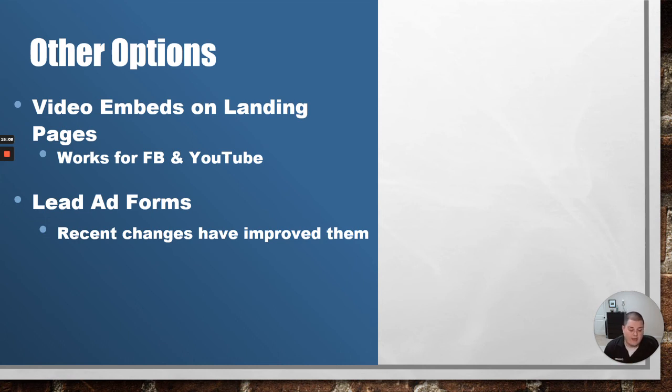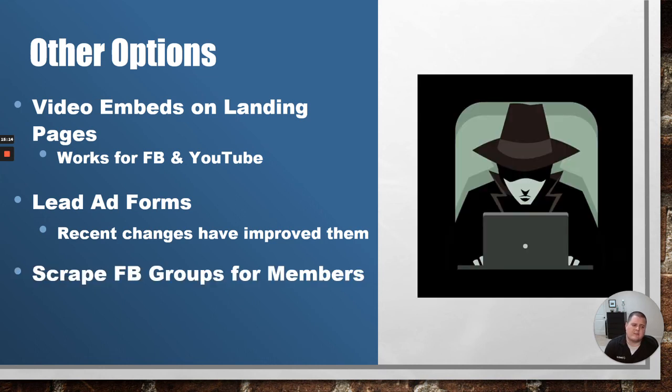And then there's a little bit of a black hat method where you can scrape Facebook groups for members. I will probably not go into too many details about this in this video, but basically what you can do is scrape the membership from those groups. It works the exact same way as getting the video viewership, but you're basically scraping the Facebook group for the members' emails, and then you upload that list as a custom audience.